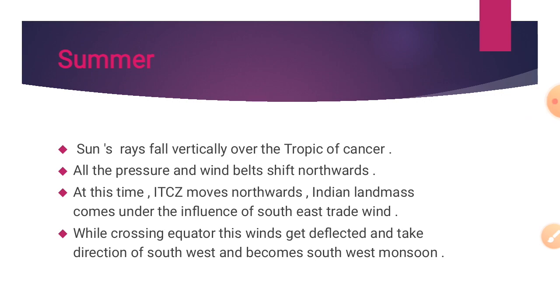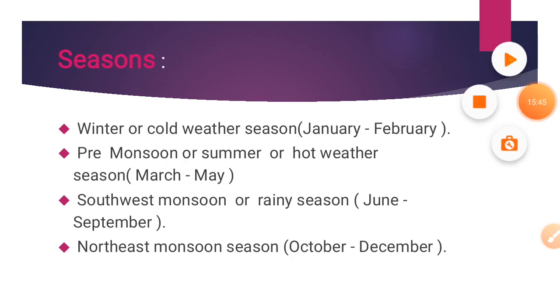When it reaches the equator, the southwest flowing wind and northeast flowing wind converge in the equatorial zone. That zone is called the Intertropical Convergence Zone. Next, the important seasons in India: winter or cold weather season, pre-monsoon or summer season, southwest monsoon or rainy season, and northeast monsoon season.